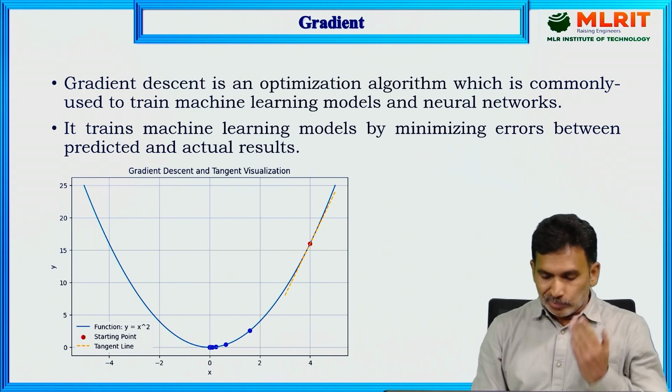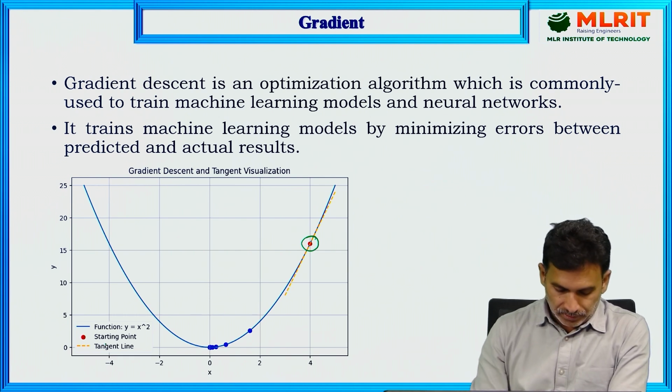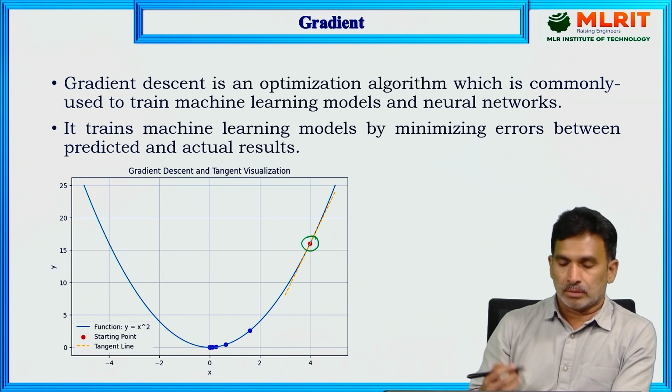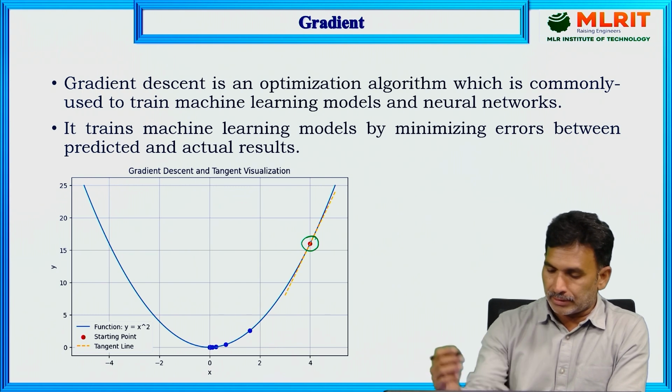Here you can see the gradient descent. We have selected a random starting point, the red color represents the starting point, and from this we use the gradient and keep on updating, as we discussed in the previous case.